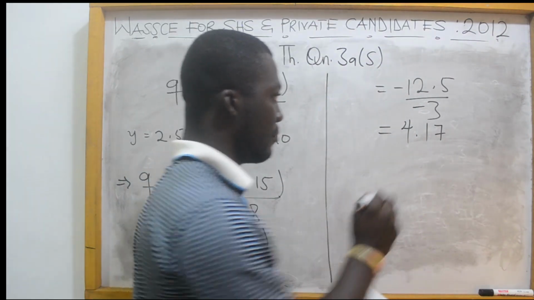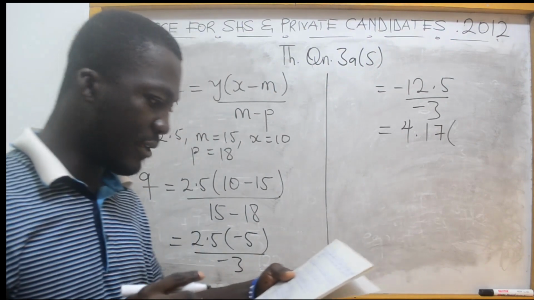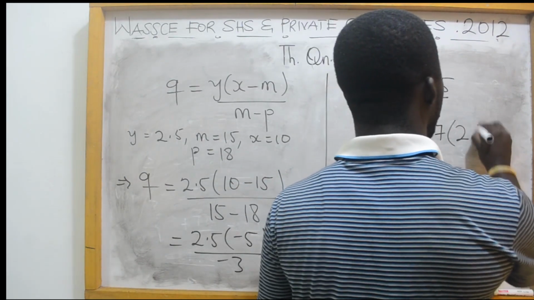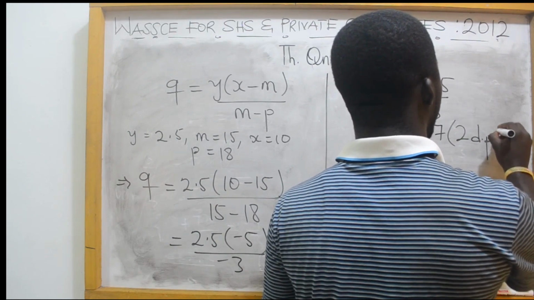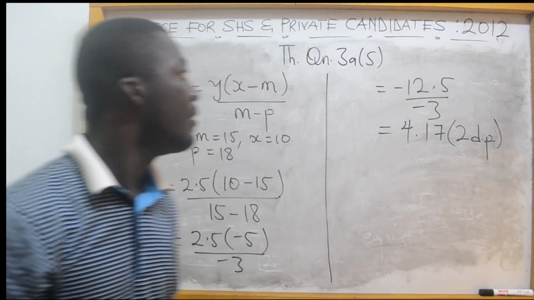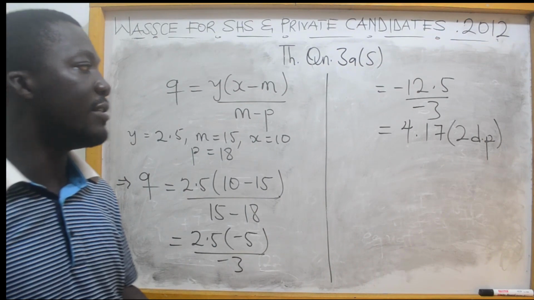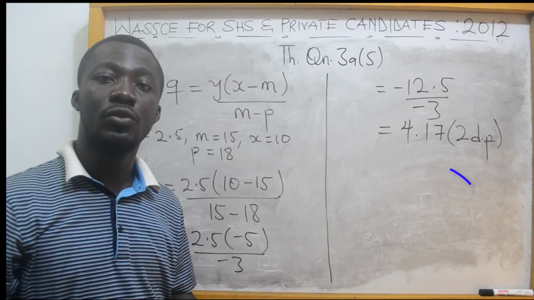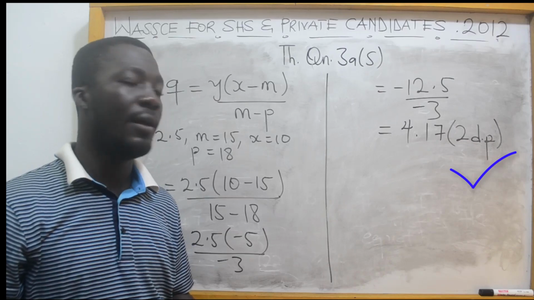Now, in the question, we are asked to leave it to 2 decimal places. So now, Q is equal to 4.17 to 2 decimal places.